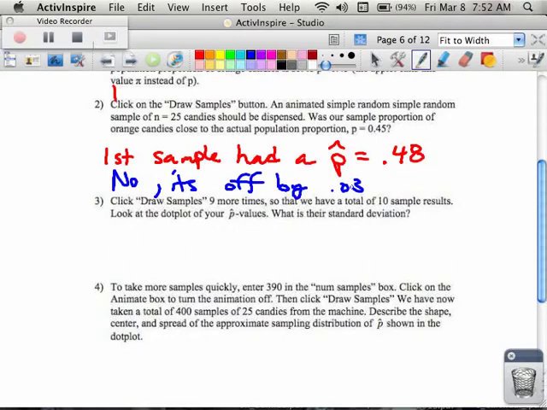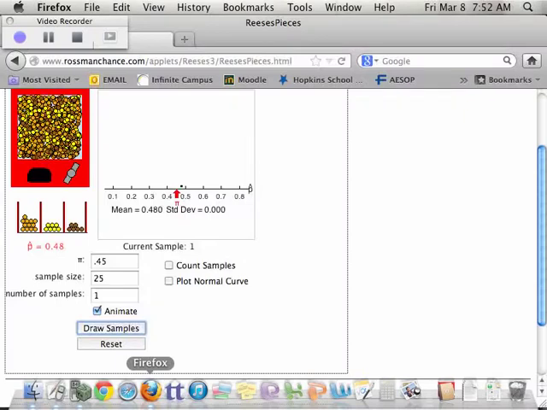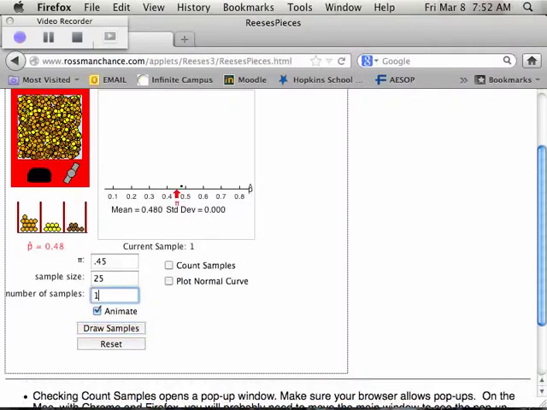So now I'm going to go back into the machine and draw 9 more times so that we have a total of 10 samples. And as I look at my samples being drawn, you'll see the dot plot show up and place the proportion of all these samples.